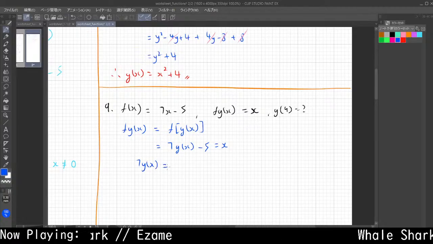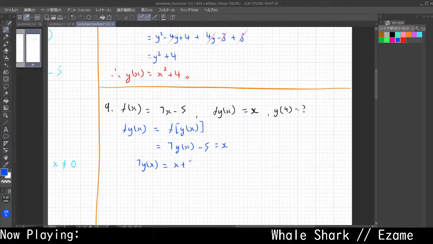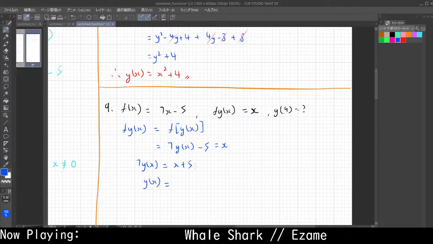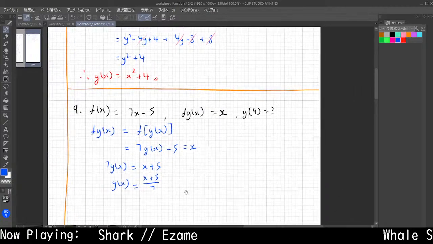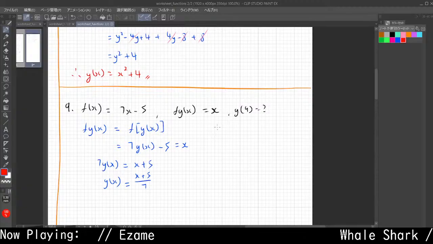7g(x) equals x, minus 5 moves over to become plus 5, so x plus 5. g(x) equals, 7 moves over by dividing, x plus 5 over 7. There, this is g(x). Then you want to find g(9).